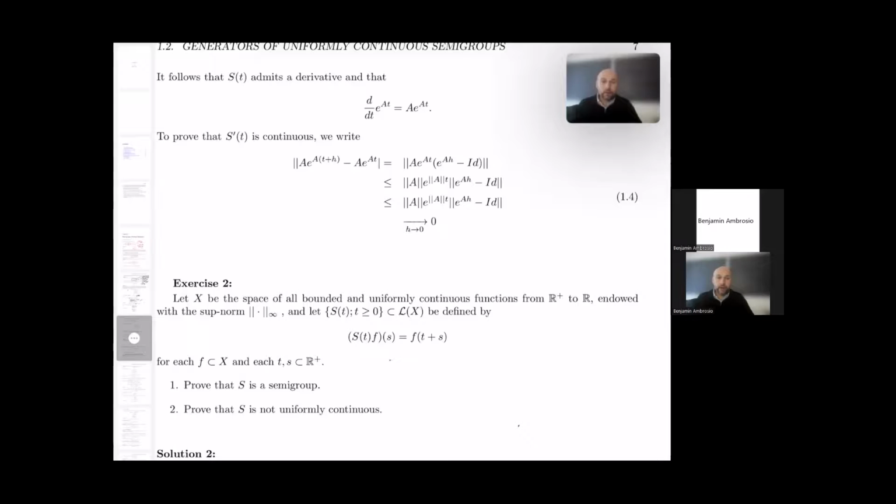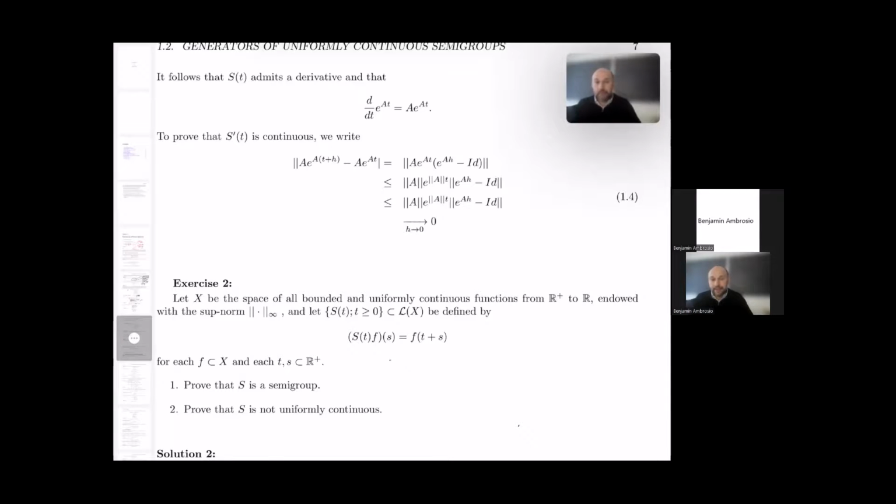And you define S(t) of f(s) by f(t+s). So this is the left translation by t, right?